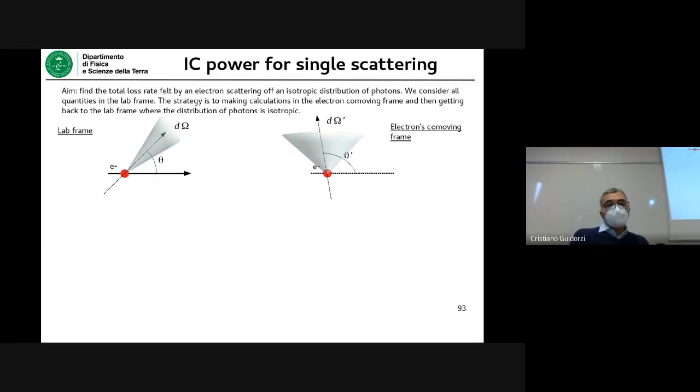The only assumption is that in the lab frame, the frame in which the electron is moving ultra-relativistically, it is traveling within a region filled up with an isotropic population of photons. So you immediately see that the electron will scatter some photons, so will give energy to some photons.